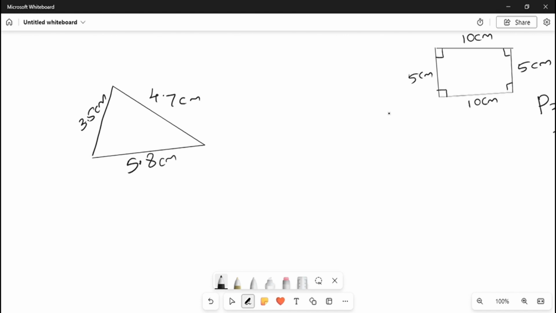So here the perimeter P is 3.5 plus 4.7 plus 5.8 centimeter. Adding 8 and 7, 15, and 5, 20, 2 remaining, 5 and 2, 7, 7 and 4, 11, 11 and 3, 14. So that is 14.0, we take 14 centimeter.